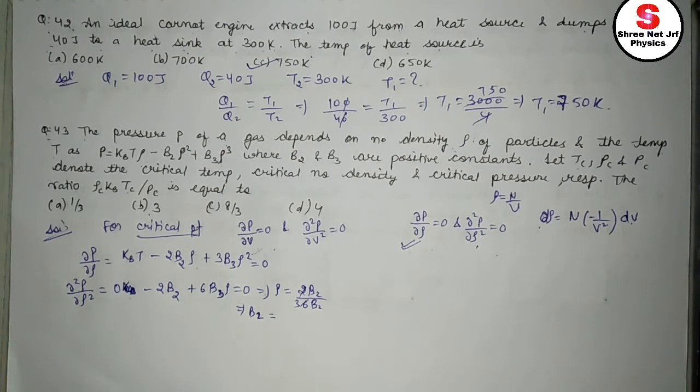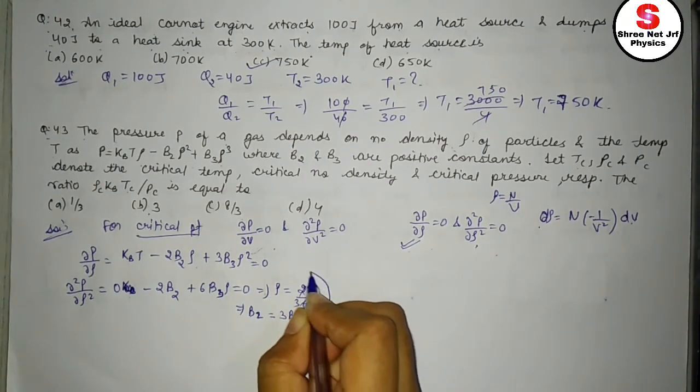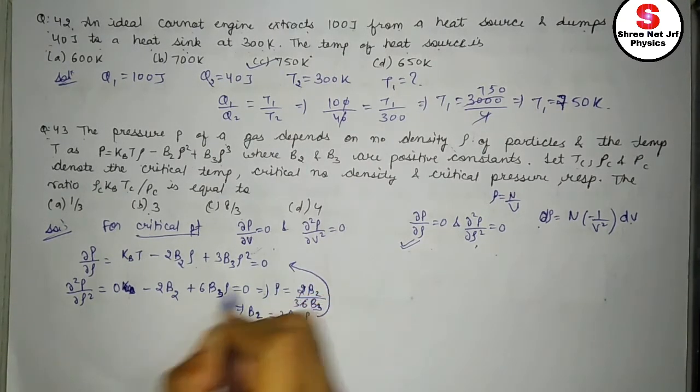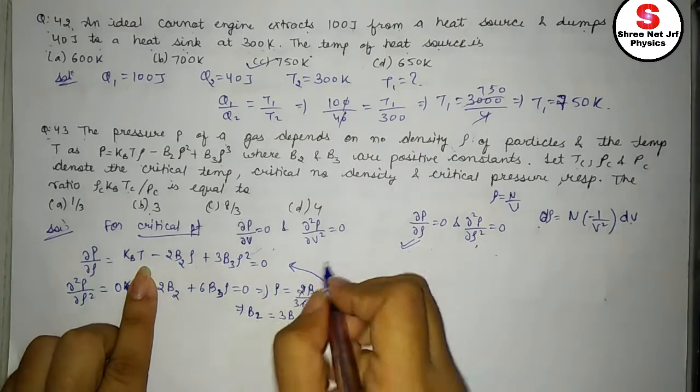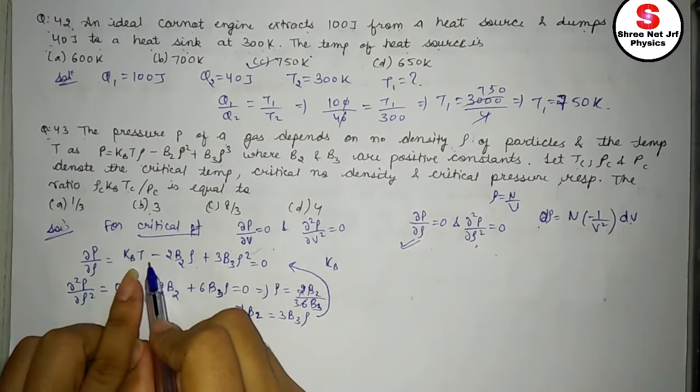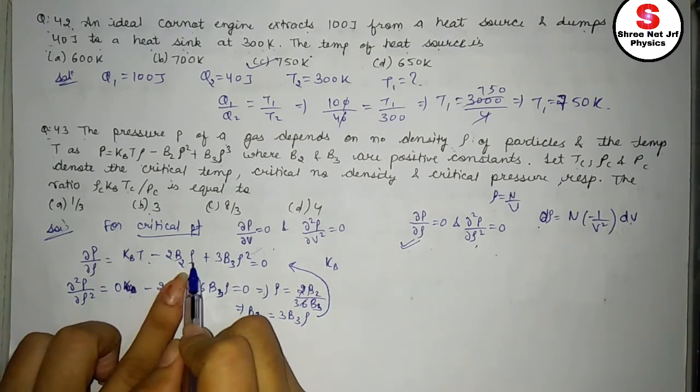Cancel the 3. Then B2 is equal to 3 B3 ρ. So after using this B2 in this equation, see what happens. I am doing it in a rough way, you can do it in a fair way. So KB Tc, here all the parameters are critical, T equals Tc, ρ equals ρc.